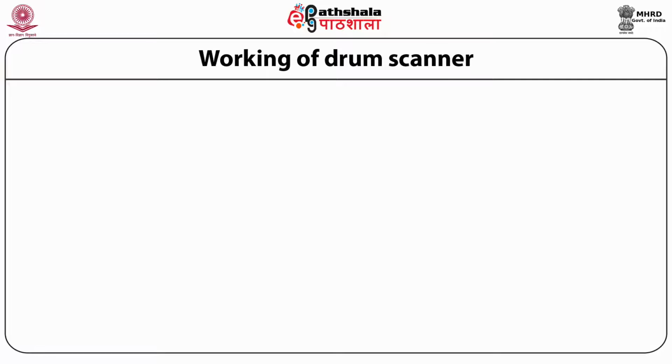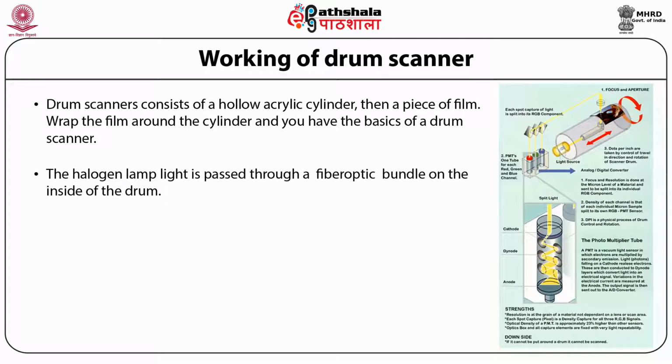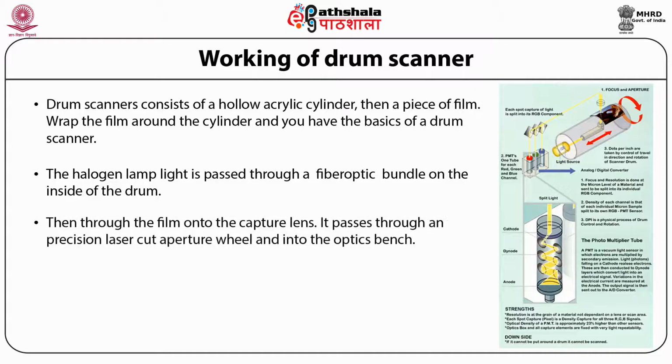Working of drum scanner. This slide explains how a drum scanner works. First, the document or image to be scanned is fixed on a hollow acrylic cylinder and then wrapped by film around the cylinder. A laser-cut bright light is created through a halogen lamp, and a fiber optic bundle is passed through the cylinder into the optical bench.